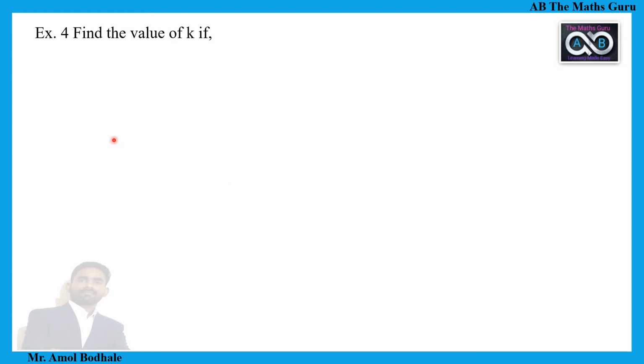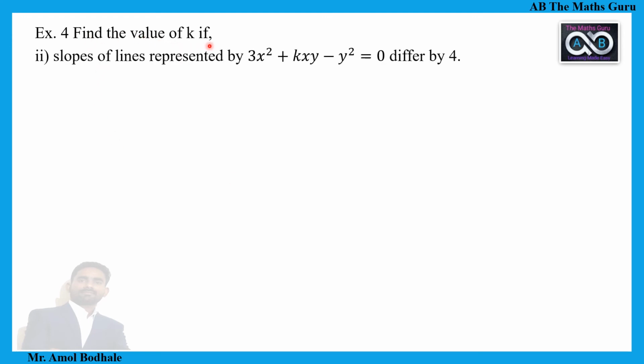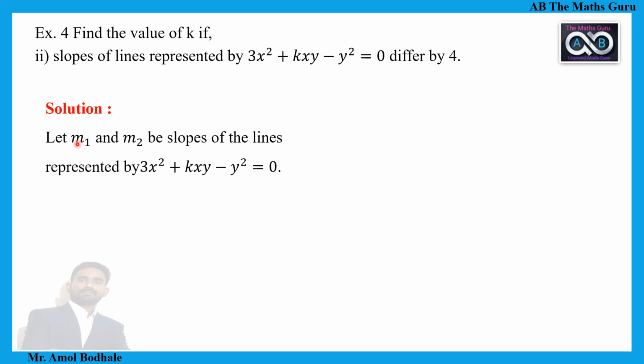Let's see the next example. Find the value of k if the slopes of the lines represented by 3x square plus kxy minus y square equal to 0 differ by 4. So here let m1 and m2 be the slopes of the lines represented by the given equation 3x square plus kxy minus y square equal to 0.